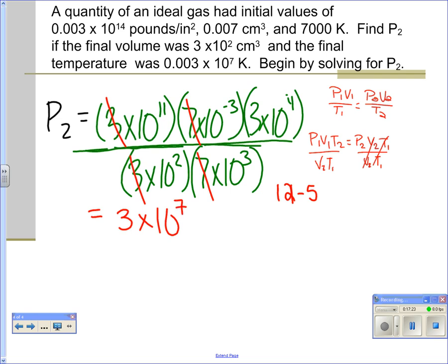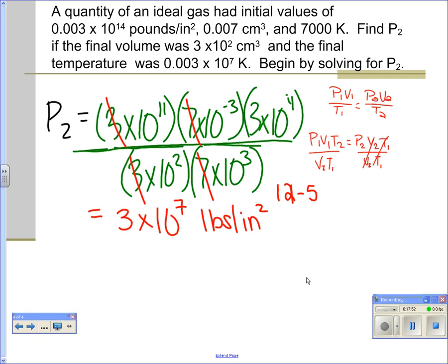Does that make sense? I was thinking 1 minus 5. Do you agree with that? What would be the units on that? I got 1.47 times 10 to the 15.